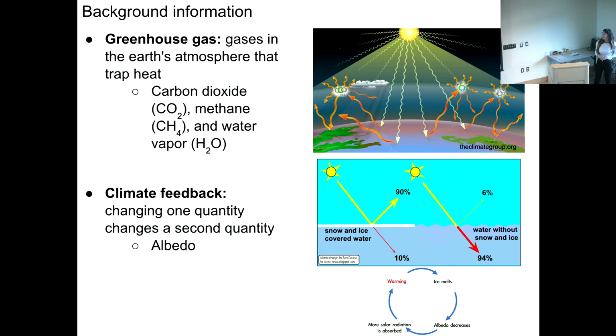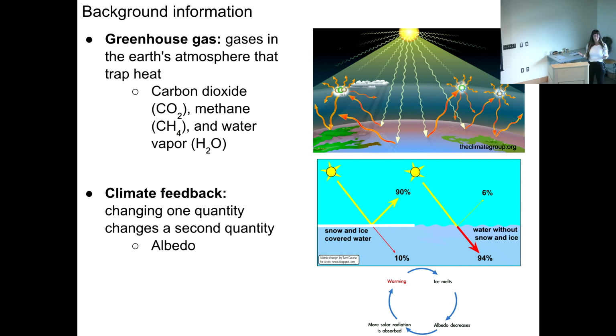And then moving on to what a climate feedback is. That's something where when you change one quantity, you actually end up changing a second quantity. A very relevant climate feedback is something called albedo, and that's how reflective something is. Looking at the second figure, you can see snow and ice, which has a very high albedo or high reflectivity. If you have energy coming in from the sun, about 90% of that is reflected back out to space.